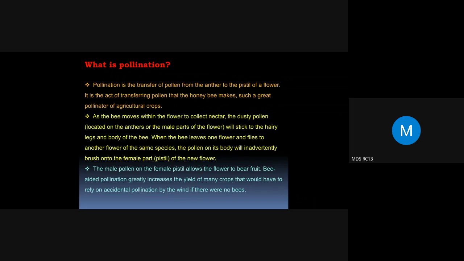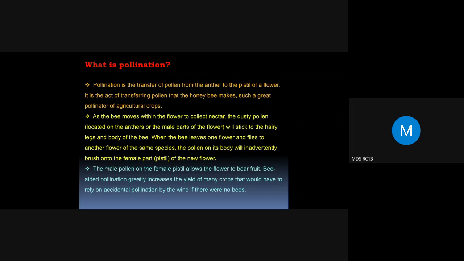So why are honeybees the most important pollinator? Yesterday we saw a slide regarding bee fidelity. They may ask, what is fidelity? Bee fidelity is collecting pollen and nectar from different flowers of an individual plant species. This helps in cross-pollination.